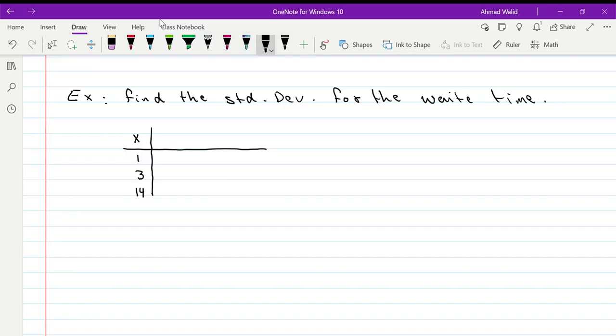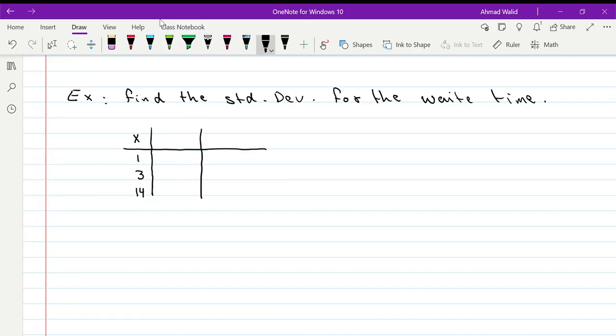In your book, immediately they drop everything in a formula, but in my style of teaching, I will create a table for you to make your life easier. It's up to you whether you follow the rule or the method that you use in your book, or you follow my method for how to solve a problem. What I do here, I will create columns first to make it easy for me.